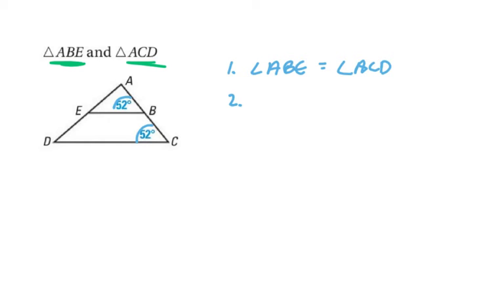But here's what I do know. Angle A is angle A in both triangles. Angle A is congruent to angle A. Angle A is in both of the triangles. That's all I need. So I'm going to write a similarity statement.